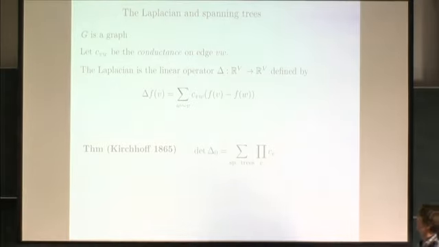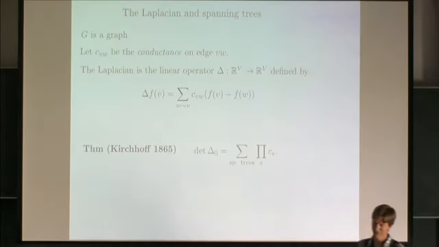And let me just start with the basics on the relation between the Laplacian and spanning trees, from the combinatorial point of view, right? So I start, G is a graph. I'm going to put a conductance on each edge, so it's a positive real number. And then let's start with the finite graph.